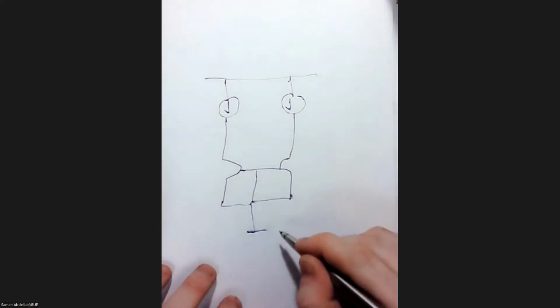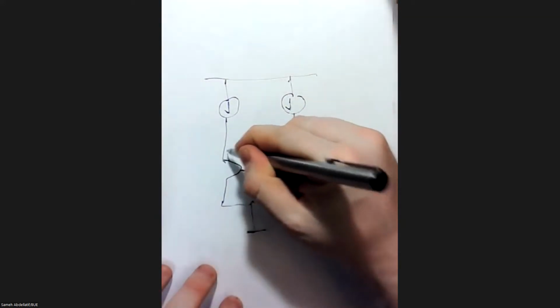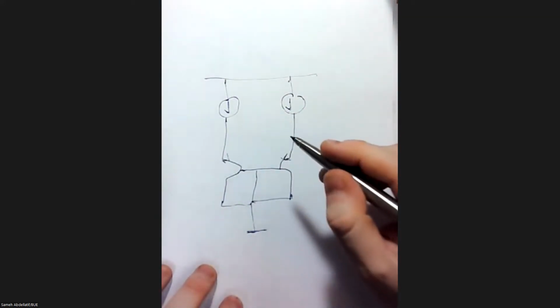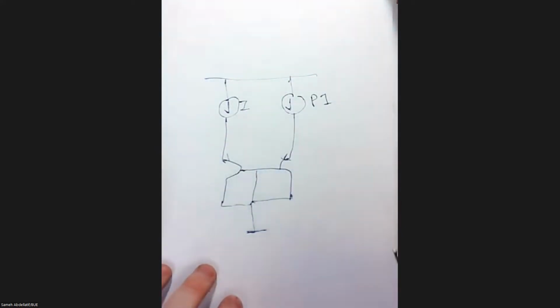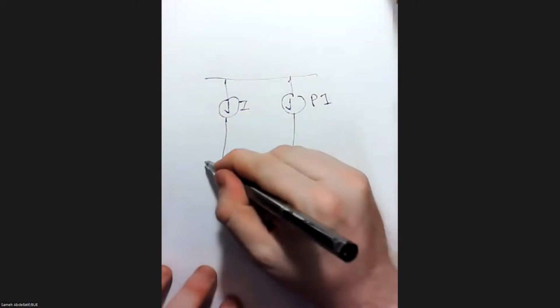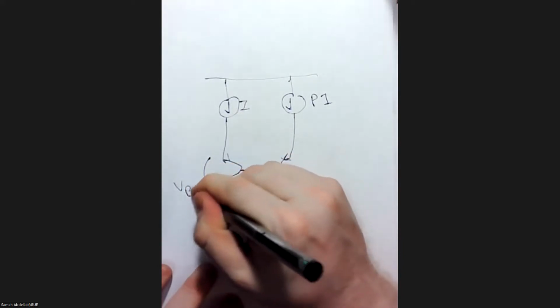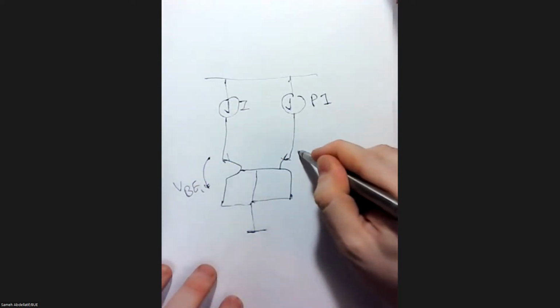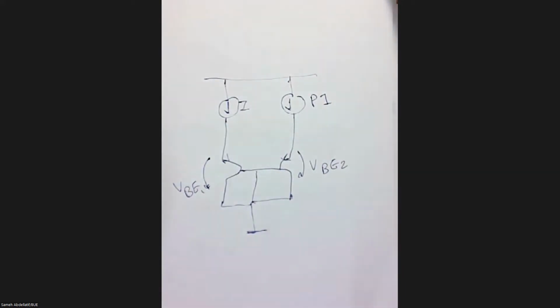And here we have the negative terminal. We have PNP transistors, and this is I, and this is P times I. And of course, here we have VCC, and here we have negative VCC. We will call this VBE1, and we will call this VBE2. Okay. So how will this circuit be used to measure temperature?